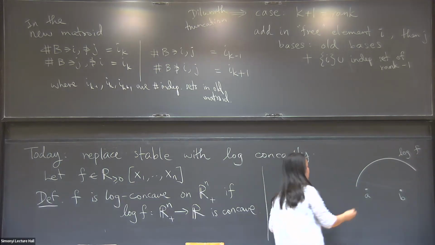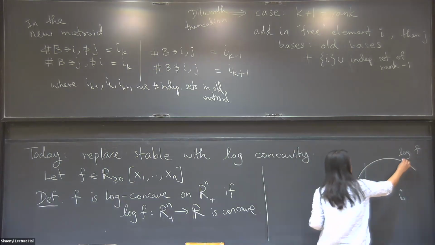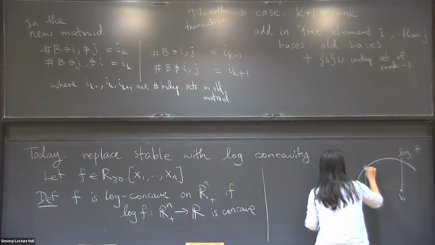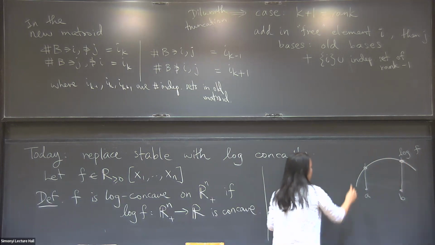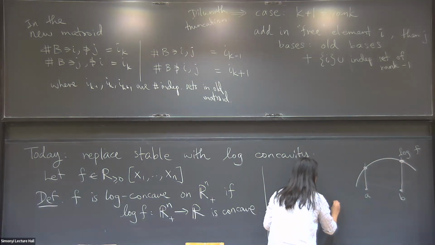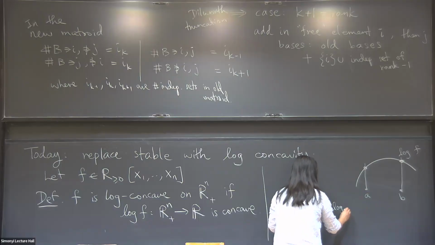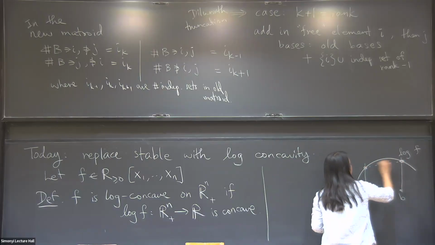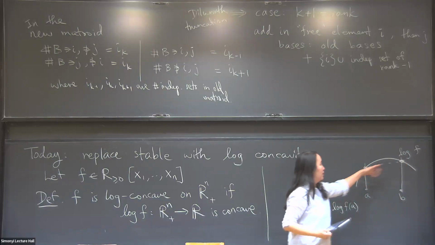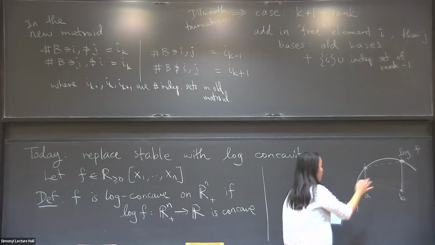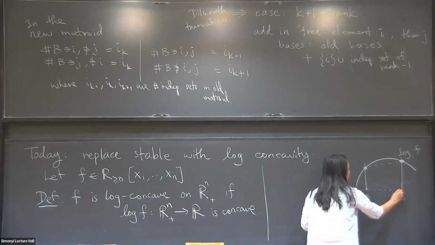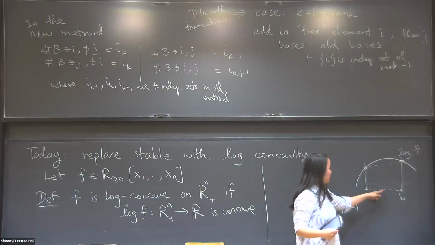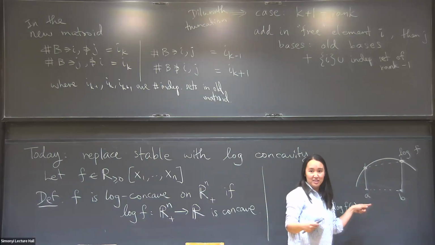More precisely, if I take convex combinations of these 2 function values, log f of A and log f of B, they have to remain lower than the values at the convex combinations.